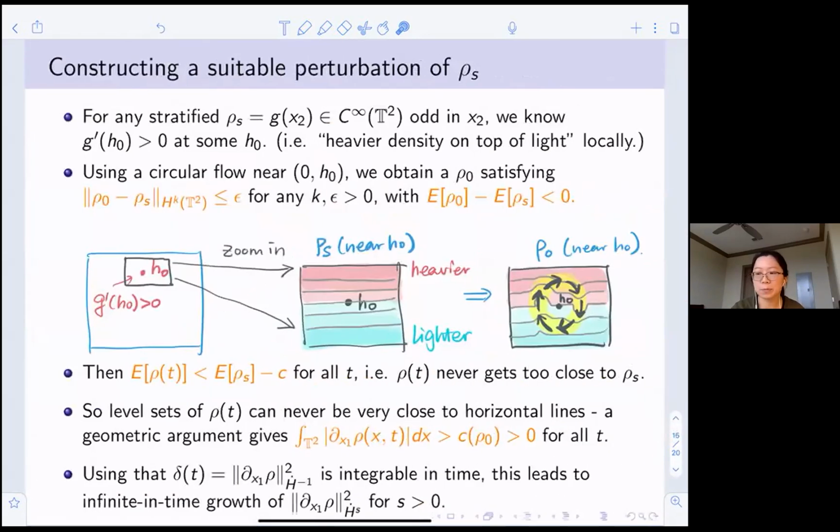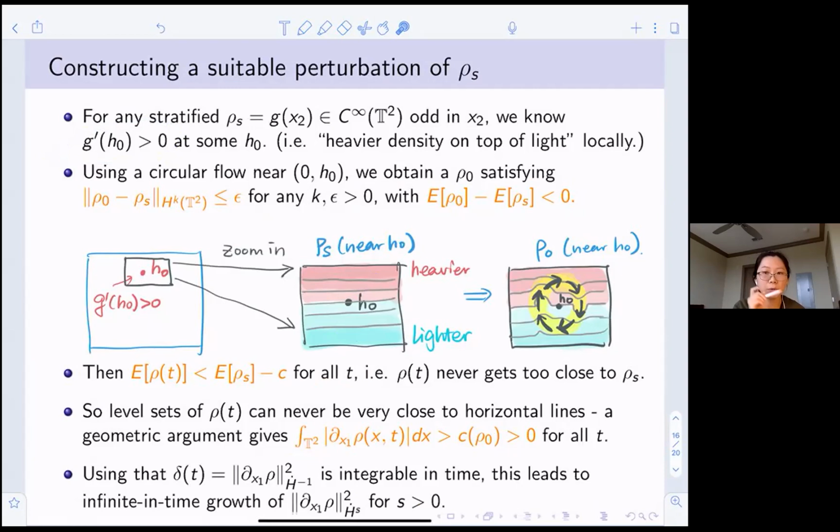More precisely, notice that for any stratified state that is periodic and odd in X2, it cannot be perfectly monotone in the torus, right? Otherwise, it won't be periodic. So there has to be some point, which we call H0, where locally we have heavier fluids on top of the lighter one, which means G prime is bigger than 0.